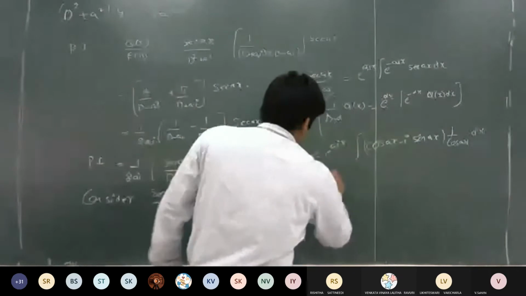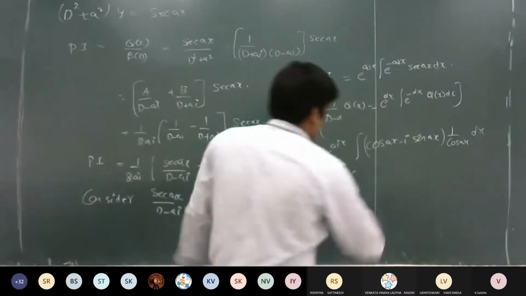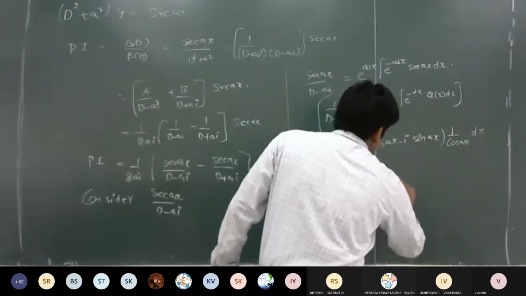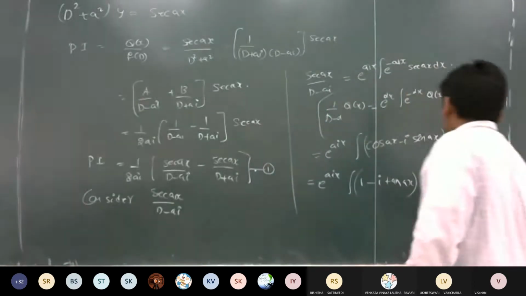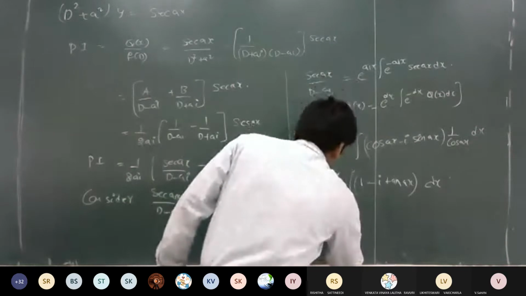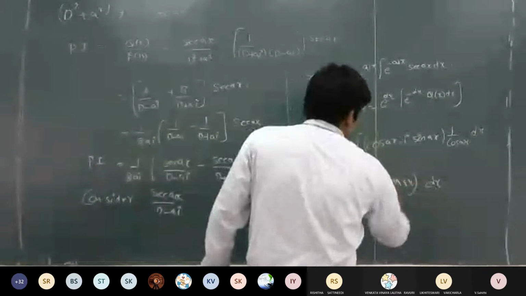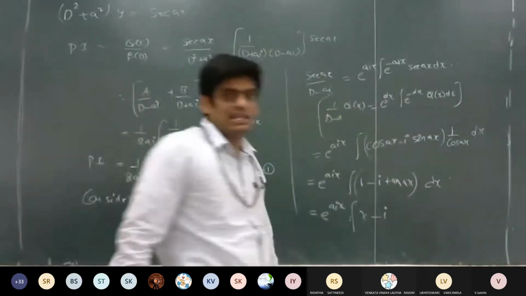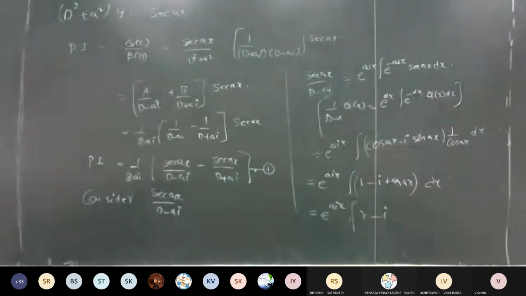So that is equal to e^(ax) times the integral of (1 − i tan ax) dx, after dividing by cos ax. The integration of 1 is x, minus i times the integration of tan ax.